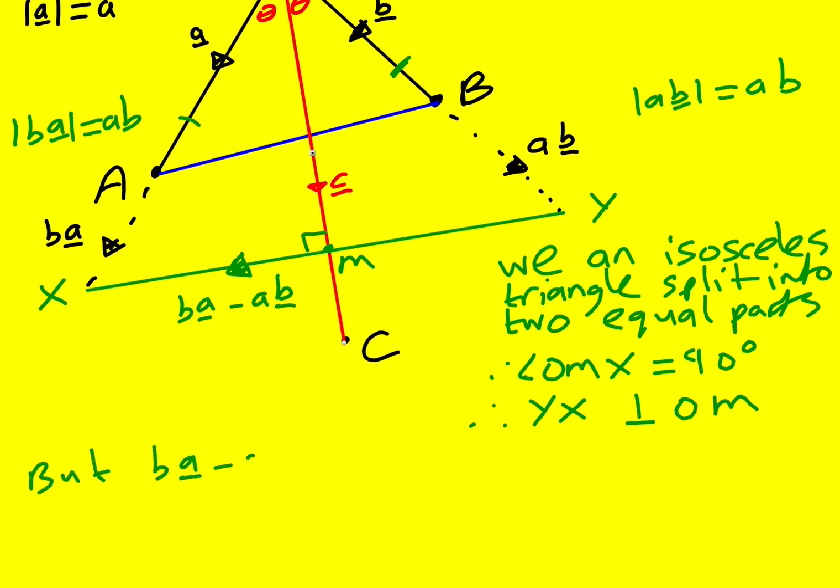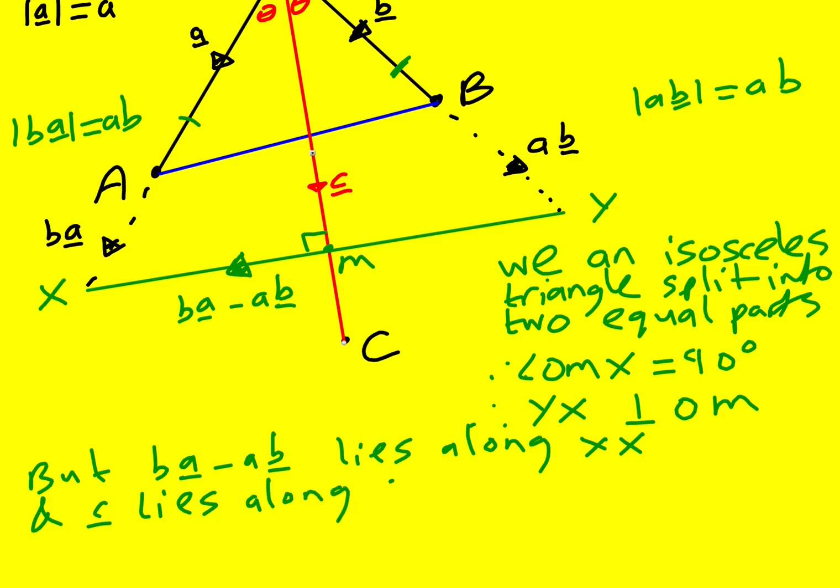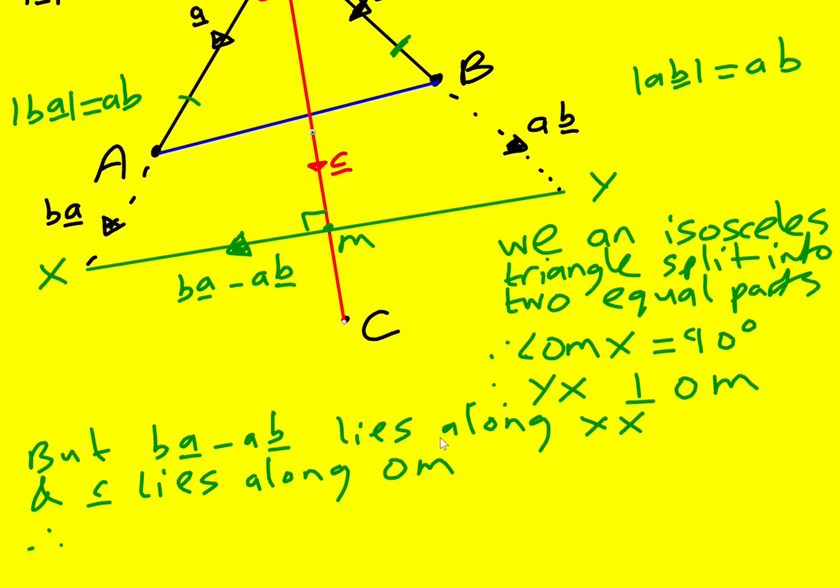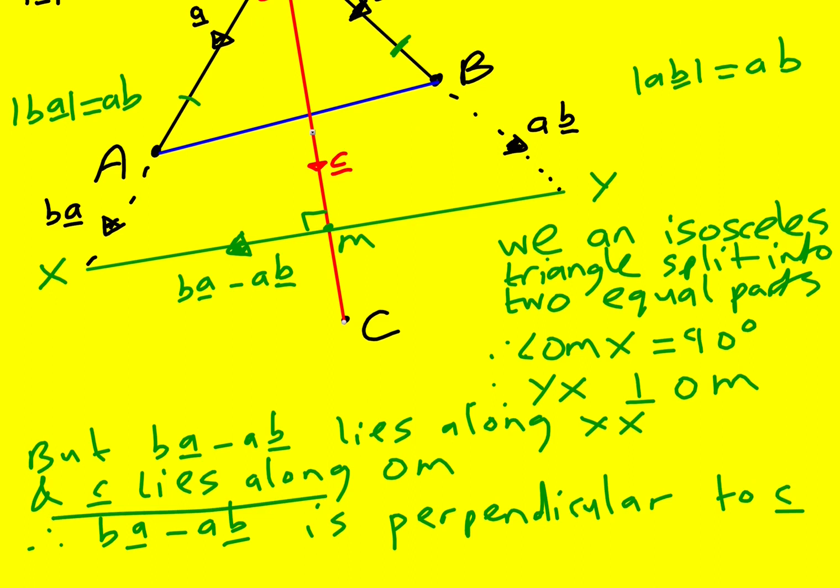But BA minus AB lies along YX, and C lies along OM. Therefore, BA minus AB is perpendicular to C, and we're done.